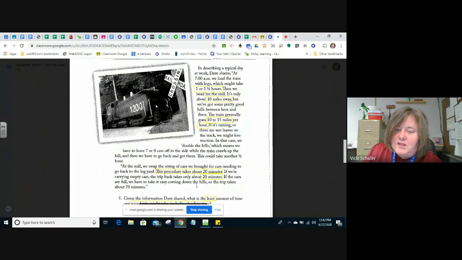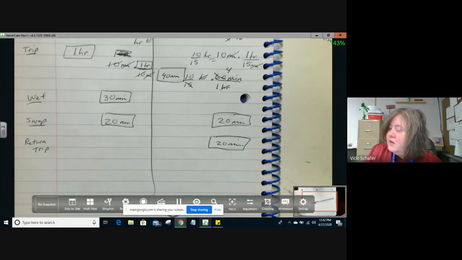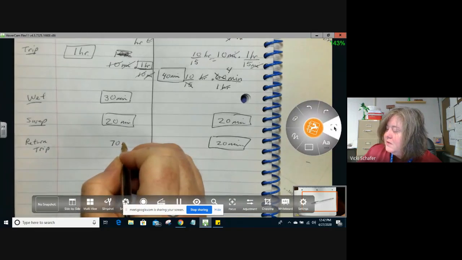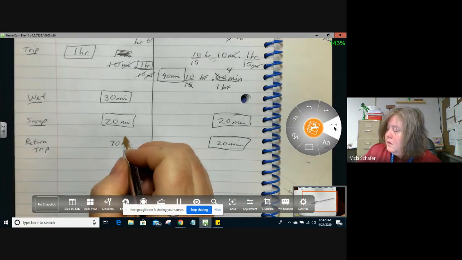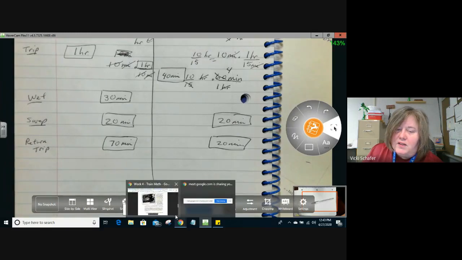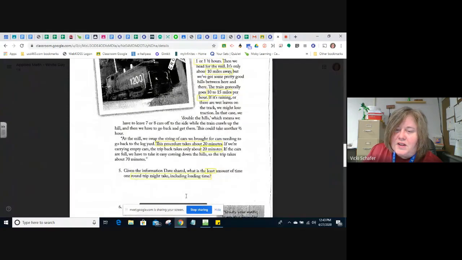In the worst case, that's when the cars are full. And that trip takes 70 minutes. So over here, worst case side, we have 70 minutes. And let's look and see if there's anything else we have to add. Nope, that is the last of it.